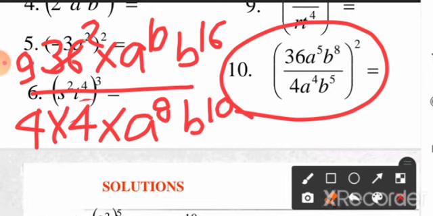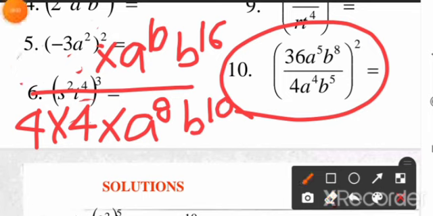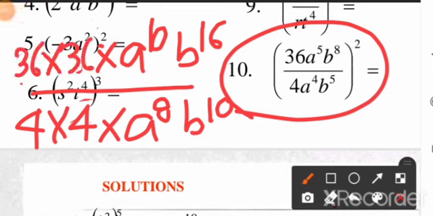So first 36 two times. So convert into the simplest form so I can solve it easily. So 36 into 36 means 36 multiplied 2 times. 4 nines are 36, and again 4 nines are 36.